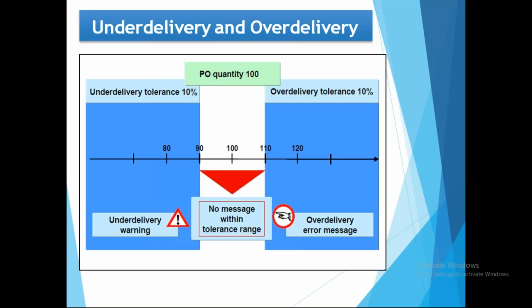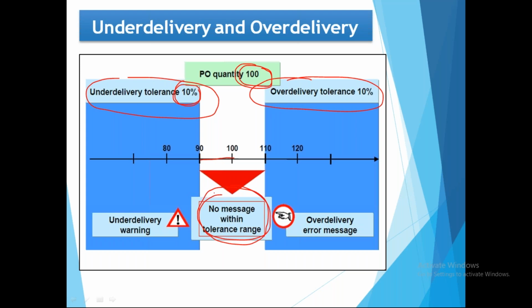In the system you can maintain some under delivery percentage and some over delivery percentage. Let's say your PO quantity is 100. If your under delivery tolerance is 10, up to 90 the system will not give you any messages.